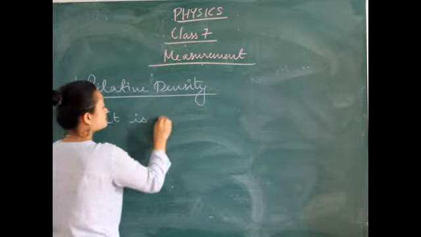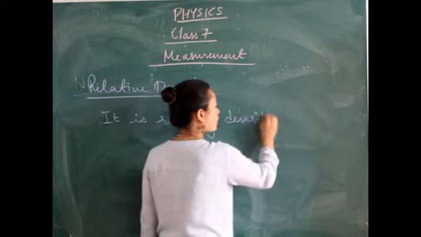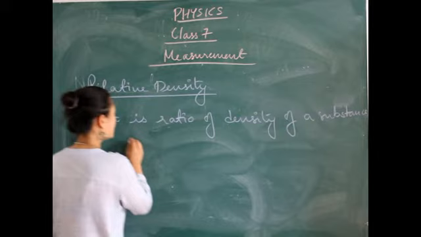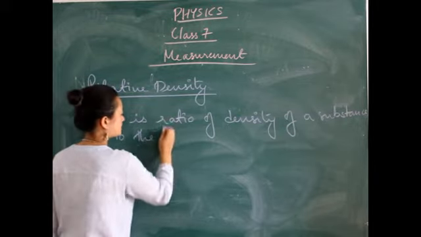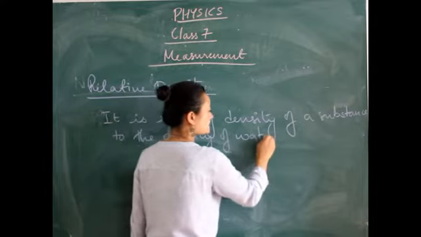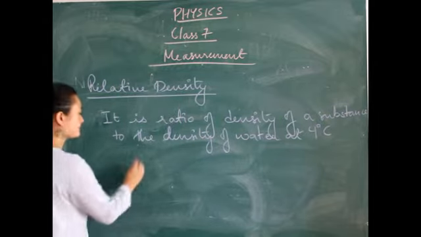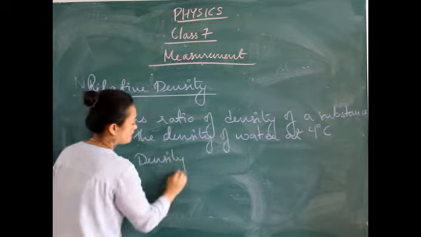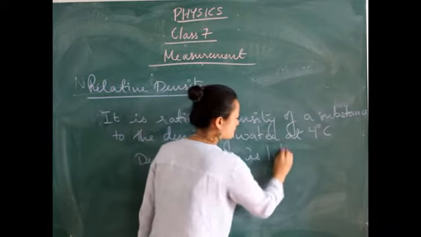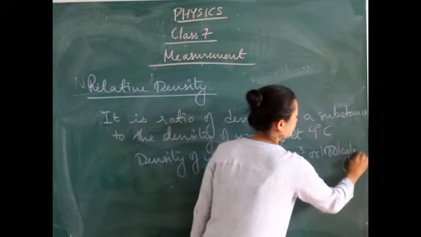Okay, so how do you define relative density? It is a ratio of the density of any substance to the density of water, and not at any temperature but at 4 degrees Celsius, because at 4 degrees Celsius the density of water is 1 gram per cubic centimeter or 1000 kg per cubic meter.